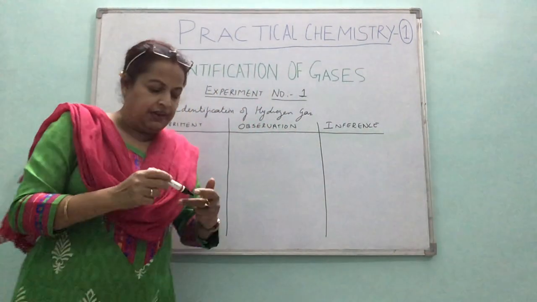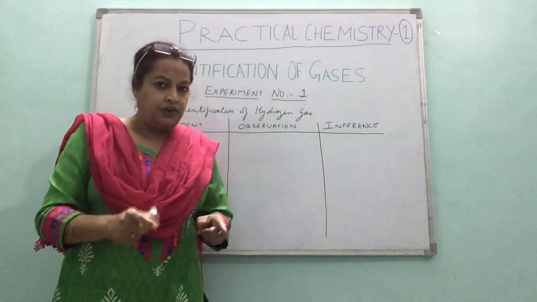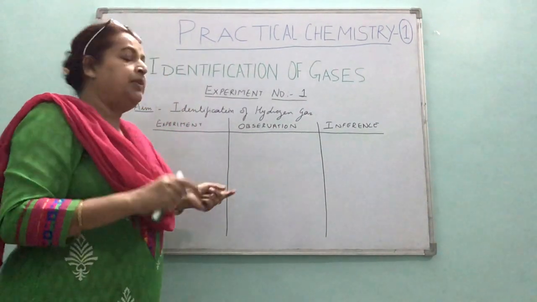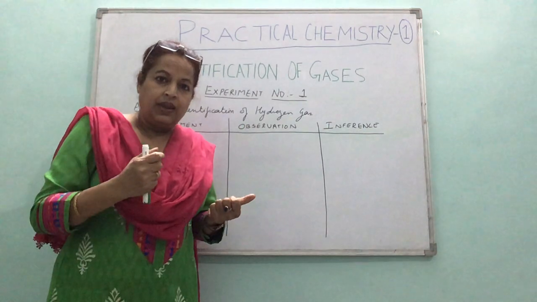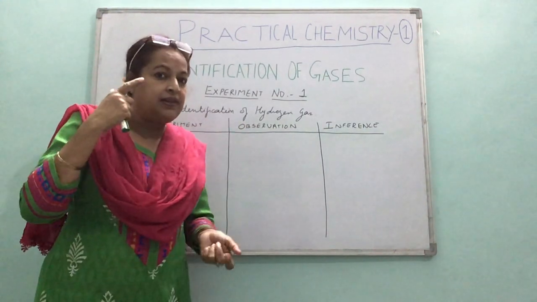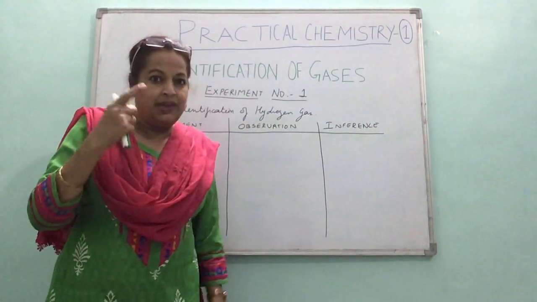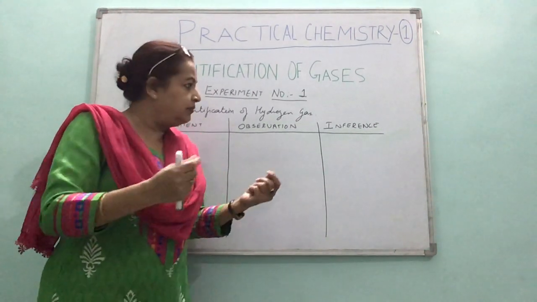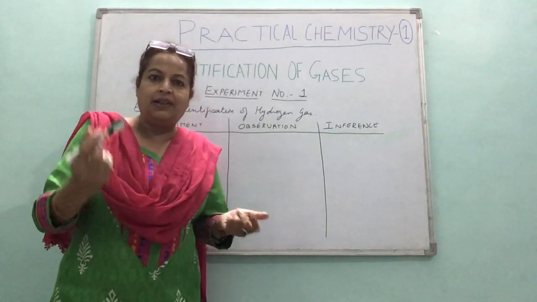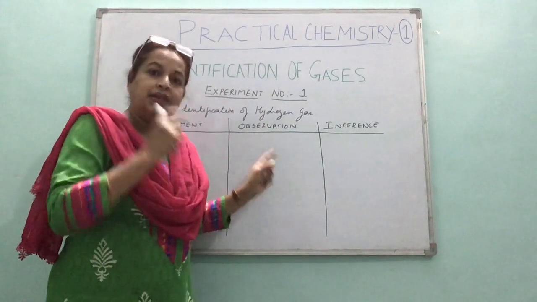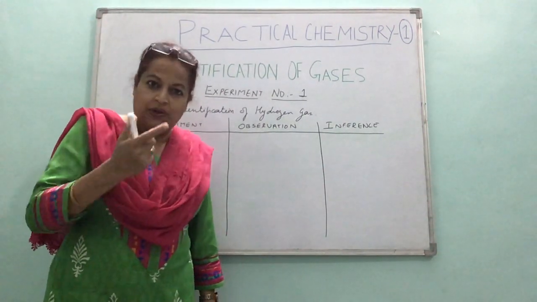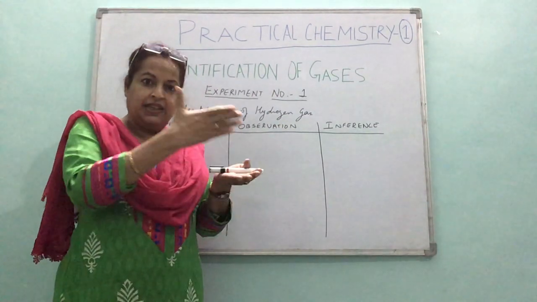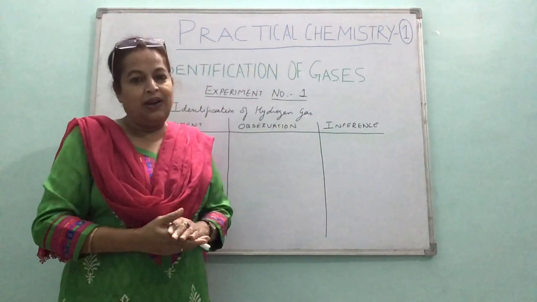Observation means not what you have learned from a book, like the reaction and all. Observation means what you can see or smell using your senses. You can see something, a color change, some bubbles formed, or anything which you can see like that, right? Then smell, that means the odor of the gas or odor of anything. Then you can feel it, whether it is heated up, exothermic or endothermic.